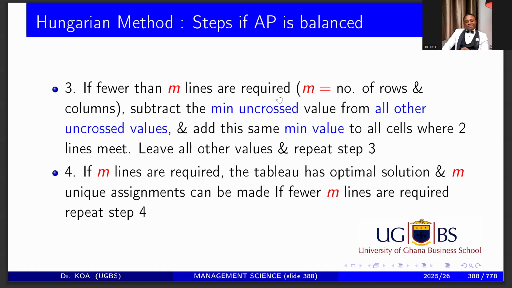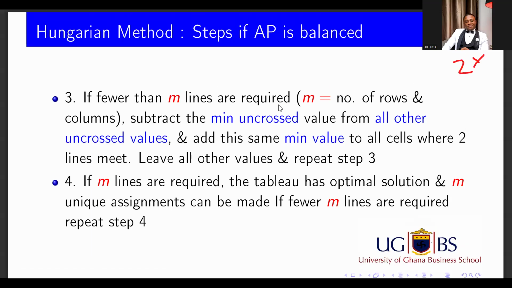Watch the word: if fewer than m lines are needed. Now, m lines here is, remember, your rows and columns. Okay, m is the number of rows and columns. Now, right now, the way we've canceled it, we have 2 rows and 3 columns. Do you remember? We have 2 by 3.